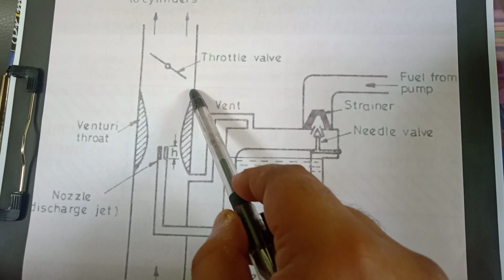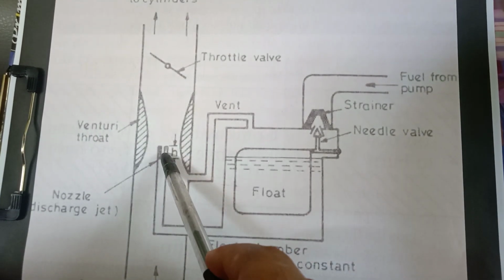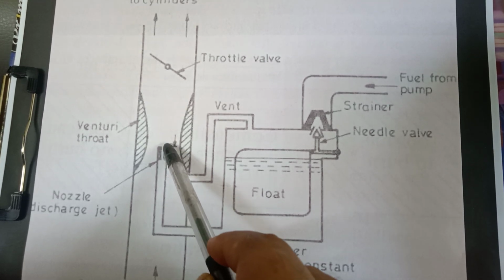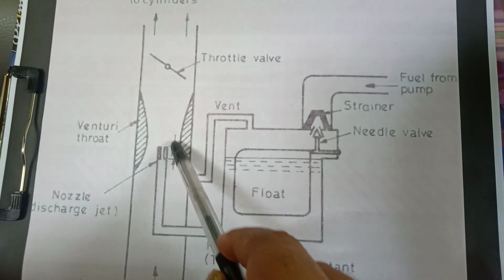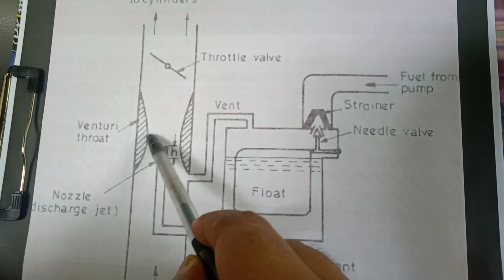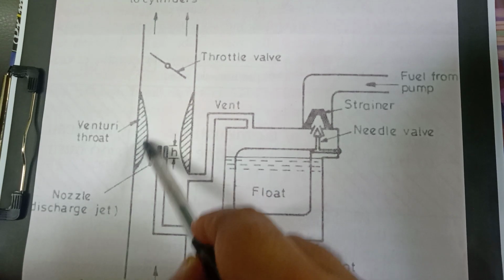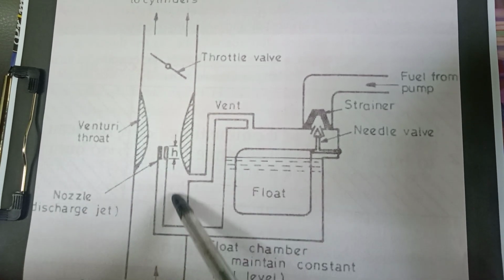When vacuum is created, the fuel present at the tip of this nozzle jet is expelled out from here. When the fuel is expelled from this jet, it mixes with the incoming air from the atmosphere.